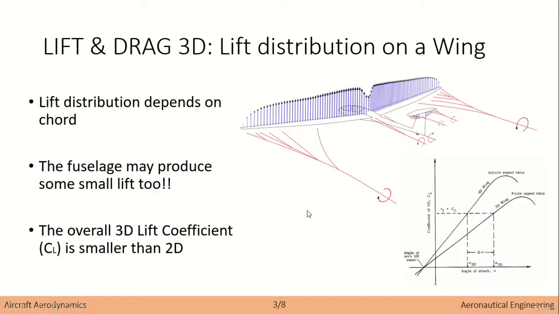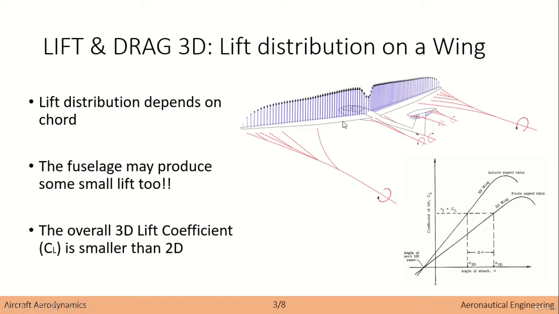So let's start by defining what the lift distribution on a wing is. Here you have what is known as a sailplane, which is just an airplane without a motor, and you can see the distribution of the lift as a function of the position on the wing, right? You can see, for instance, that at the tip of the wing it is basically near zero, and the lift is more or less constant along the wing, but it decreases for those lengths of the wing where the chord is smaller.